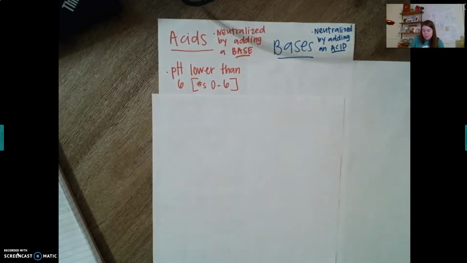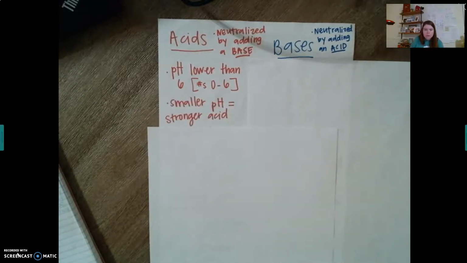The lower the number or the smaller the pH, the stronger the acid is. So if I have an acid with a pH of 0 and I have an acid with a pH of 4, I know that the acid with a pH of 0 is going to have a stronger acidity than the pH of 4, simply because it's a stronger acid if it's qualified at a lower pH or a smaller pH number.